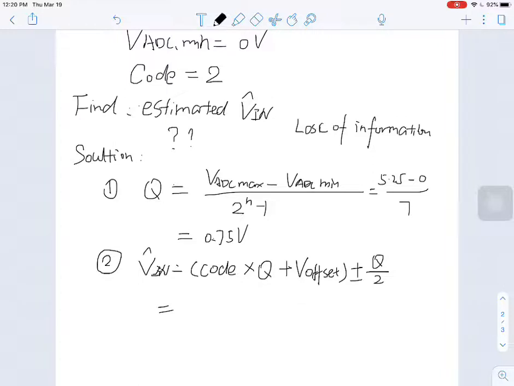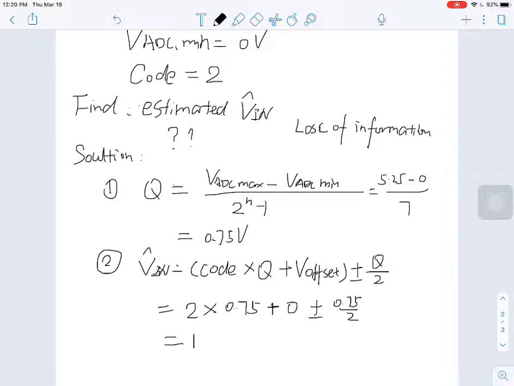You don't need to convert that into binary because there's no other binary code number here. Just copy 2 from there, times Q equals 0.75 volt, plus the offset voltage here. It's the minimum voltage, VADC minimum, so in this case it's 0 volt here. Plus 0, plus or minus Q over 2, that is 0.75 over 2.